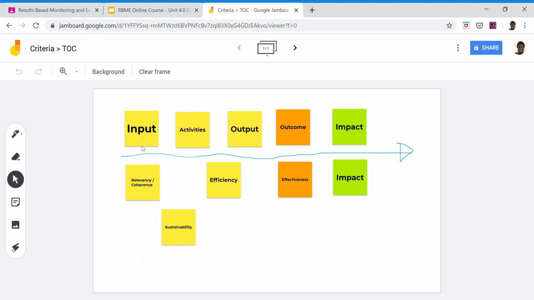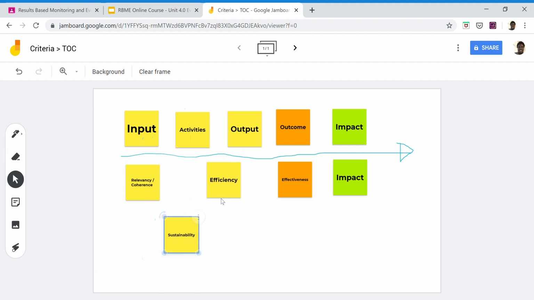So this matches with the input. Then you have sustainability here, which measures, for example, whether inputs would be matched by beneficiaries, whatever definition you want to give the beneficiary. So that's why it's in here.